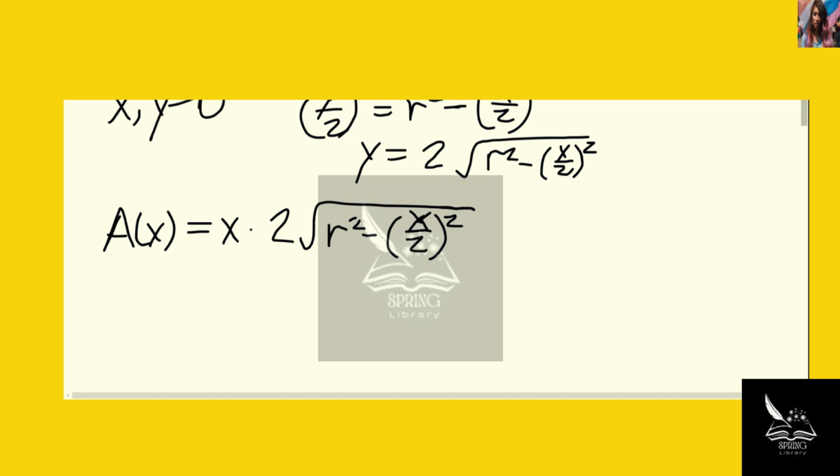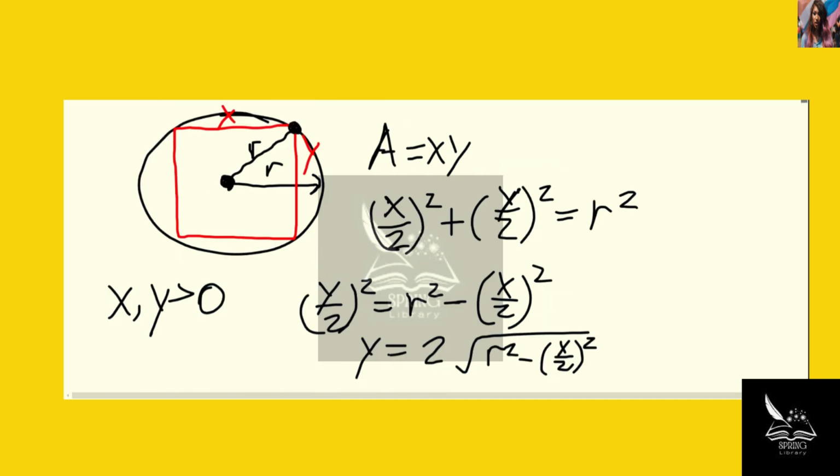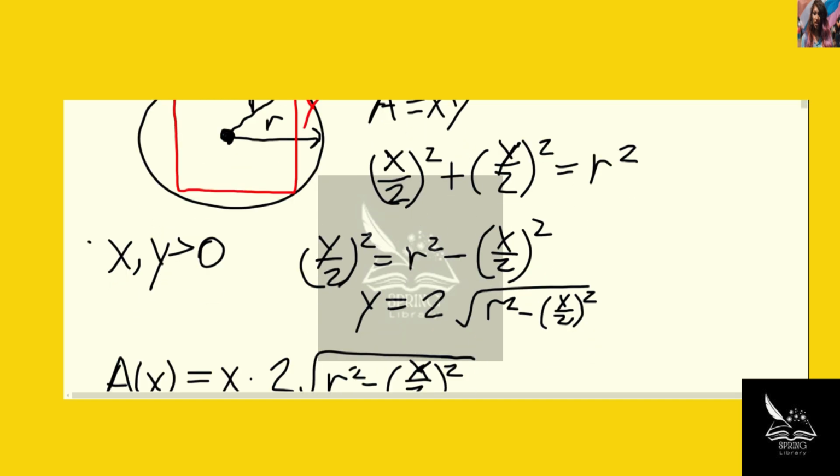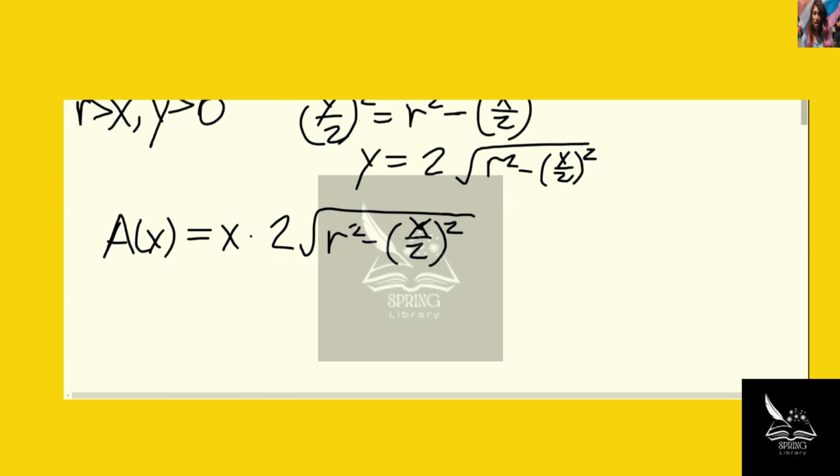So now we want to find the maximum value of A. Notice that x and y are both also less than r. So to do this, I'm going to find the derivative.